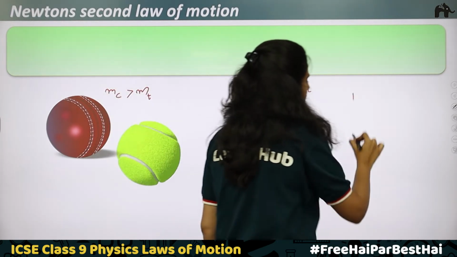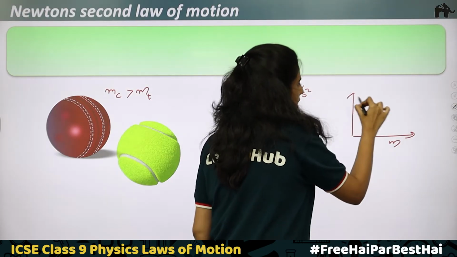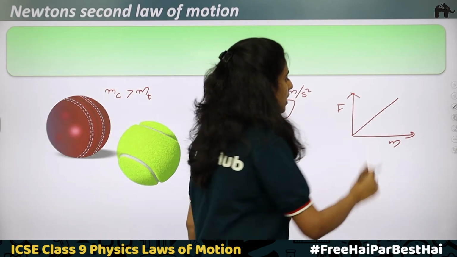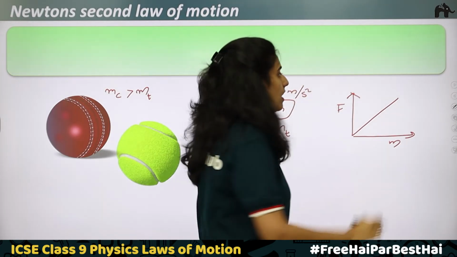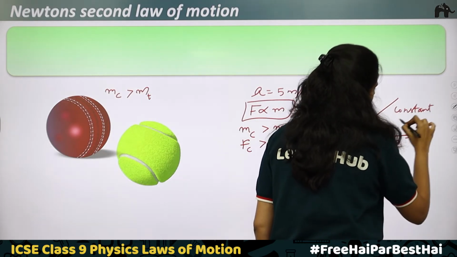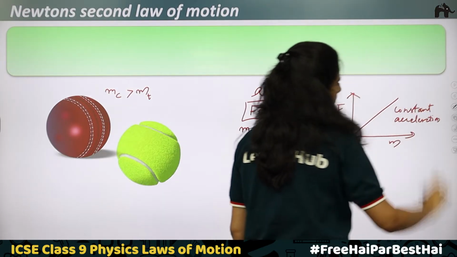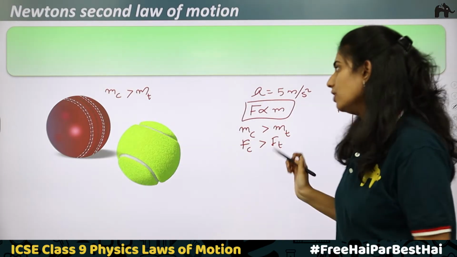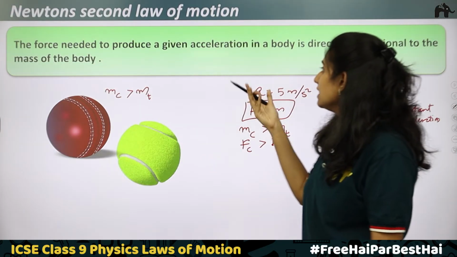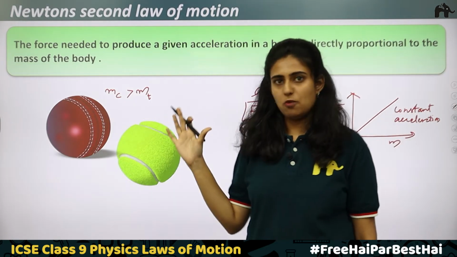When you plot a graph with mass along the x-axis and force along the y-axis, you will get a straight line inclined to the x-axis, for a constant acceleration. When mass increases, force also increases. The force needed to produce a given acceleration in a body is directly proportional to the mass of the body.